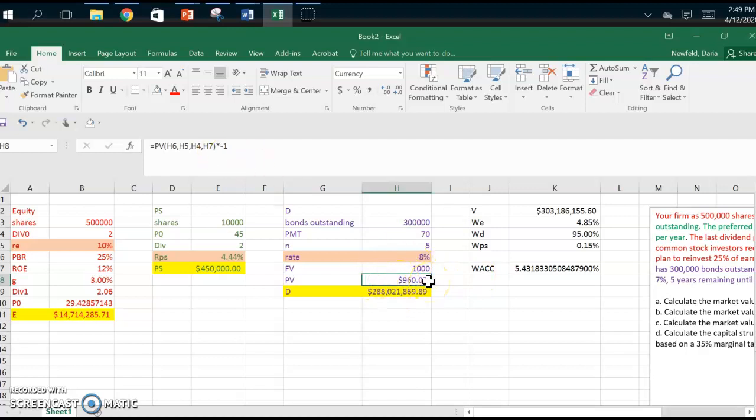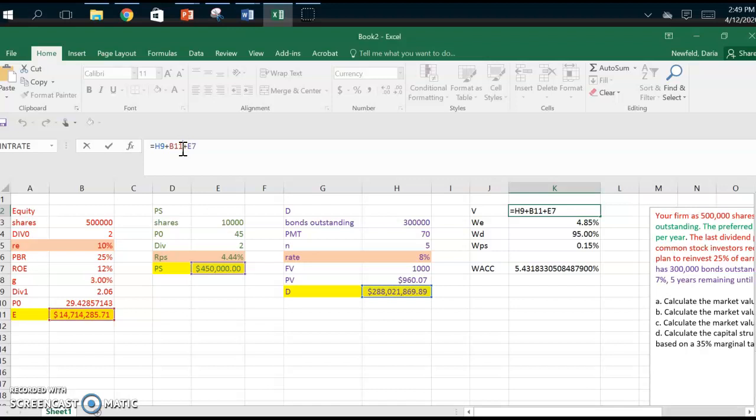So each bond is selling at a slight discount, $960.07 per bond, and there's 300,000 bonds outstanding, gives me a market value of $288.021 million.